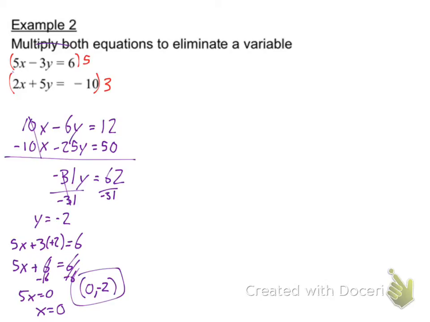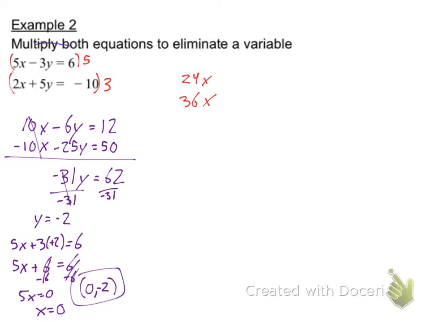Here's an example, though, of a time where I wouldn't want to do that. What happens if I had coefficients of 24 and 36 and I wanted to cancel those? We're going to put the solved problem on the side. This is a sidebar. 24x and 36x.